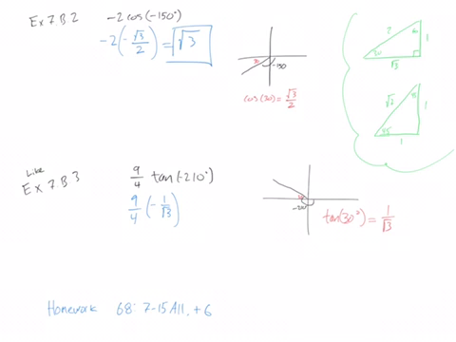Let's multiply this by the square root of 3 over the square root of 3. It's going to give me 9/4 times the negative square root of 3 over 3. My 3 goes into that 1 time, 3 goes into that 3 times. So this is going to be negative 3 square roots of 3 over 4.